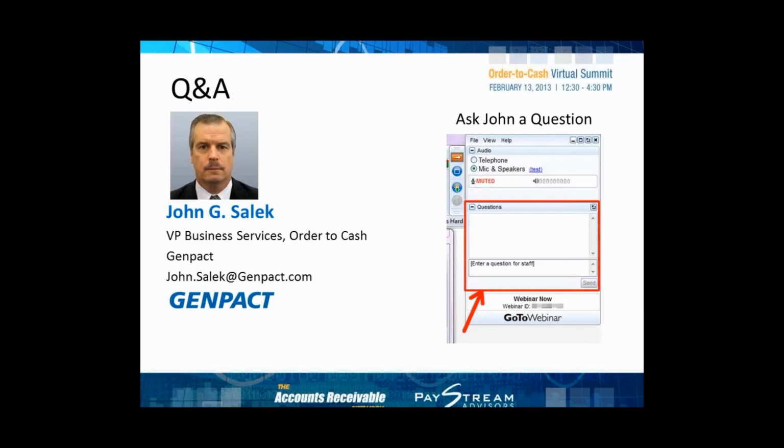You can invest in electronic invoicing. You can invest in customer portals. Those are great tools, but you've got to get your customers to use them. And there's a whole change management adoption effort that's required.